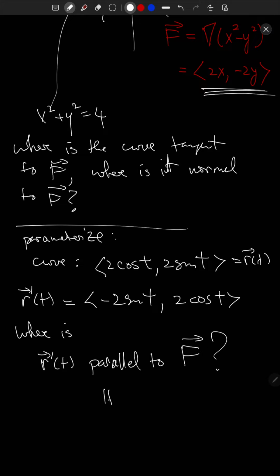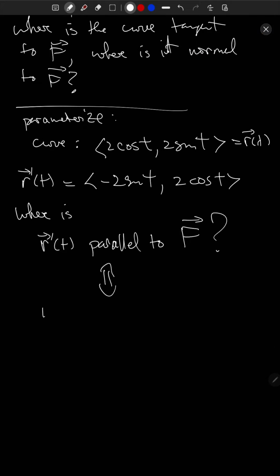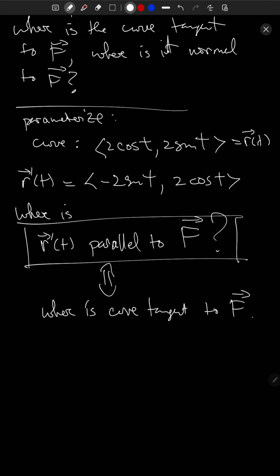Let me write it like this. So this is equivalent to where is the curve tangent to F. Okay, and this we can now solve because we have a literal parameterization, right? So our r prime of t is known: minus 2 sine t, 2 cos t. Okay.